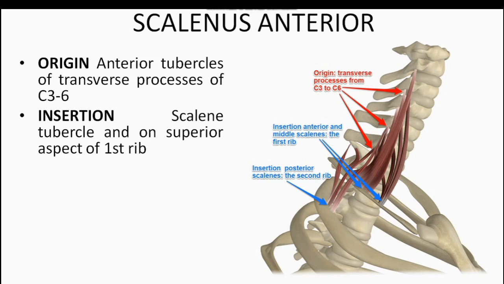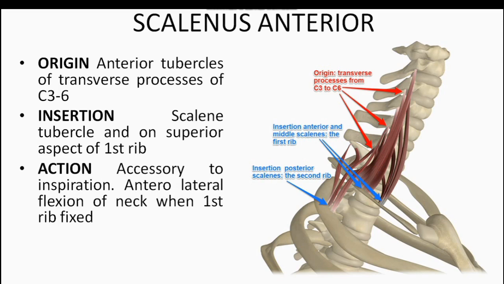And the fibers go and insert on, here we can see the scalene tubercle, on the superior aspect of the first rib.